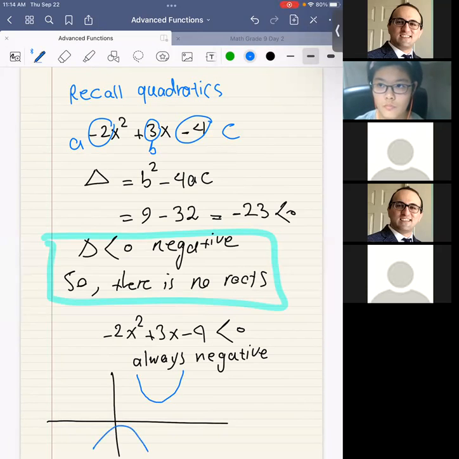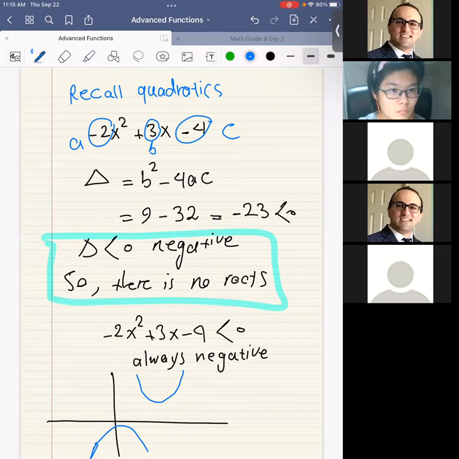It doesn't cross the x-axis. It's either always above the x-axis or below it, and it's a parabola. So it's always positive or always negative. Whether it's positive or negative depends on the sign of a.